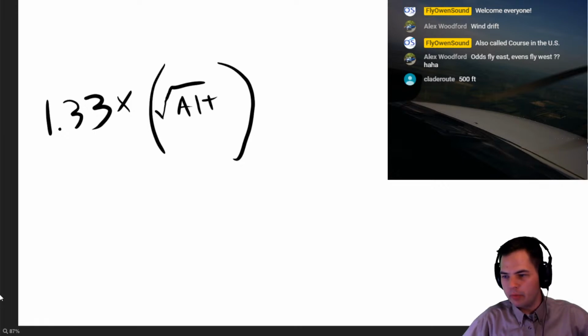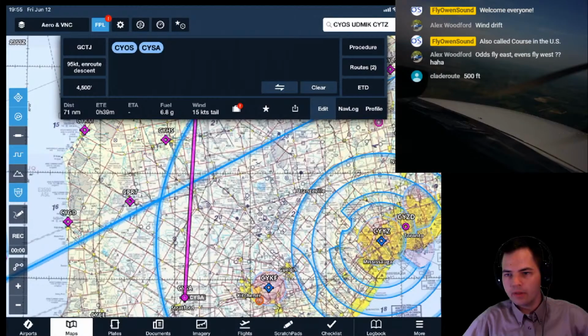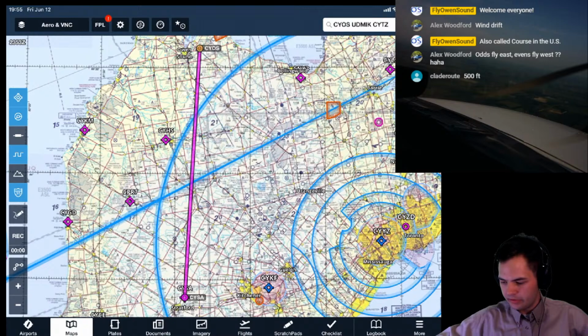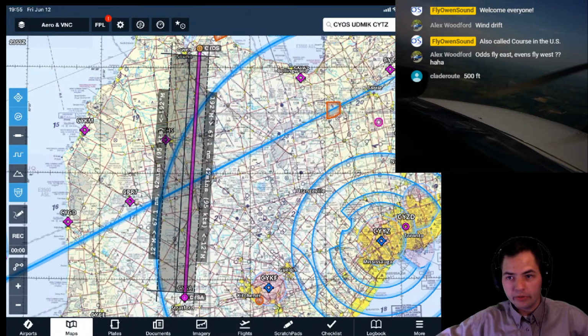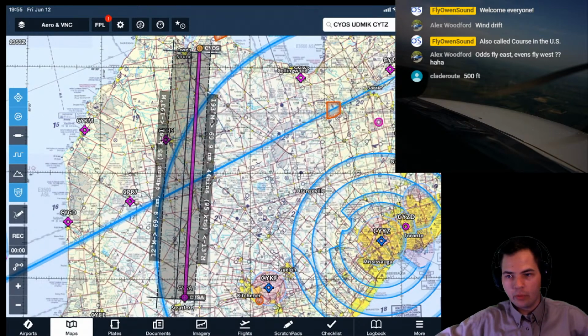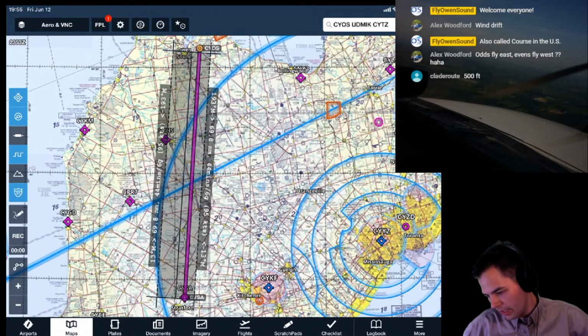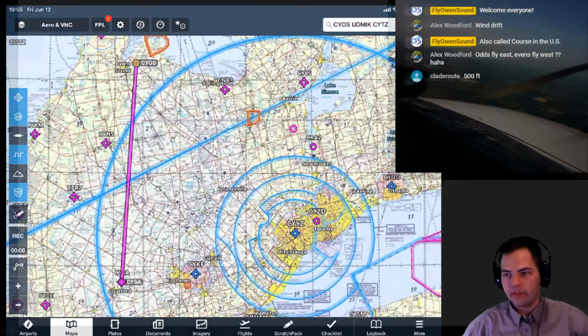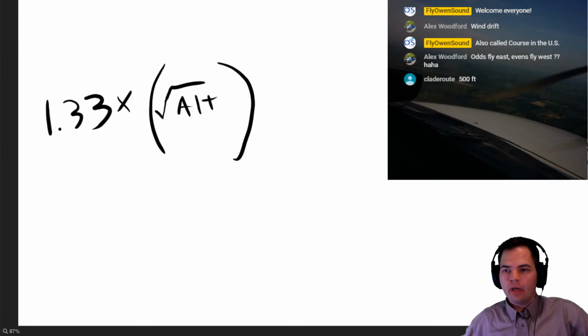So remember, the number to beat is 71 miles for this route. So this route's 71 miles, and that's the number to beat. Let's start with 1,000 feet. See how close we are.